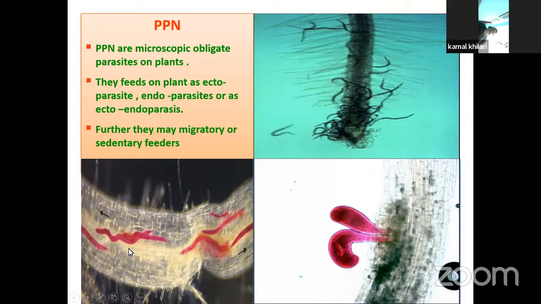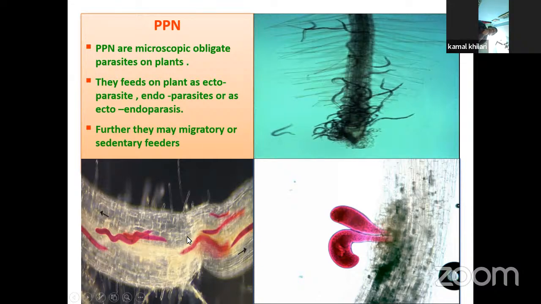This figure is showing endoparasites. These are the red colored nematodes inside the root system. They enter inside the root system and feed on the plant cell. And these are the ectoparasite nematodes. They are outside the plant system and feeding on the plant.